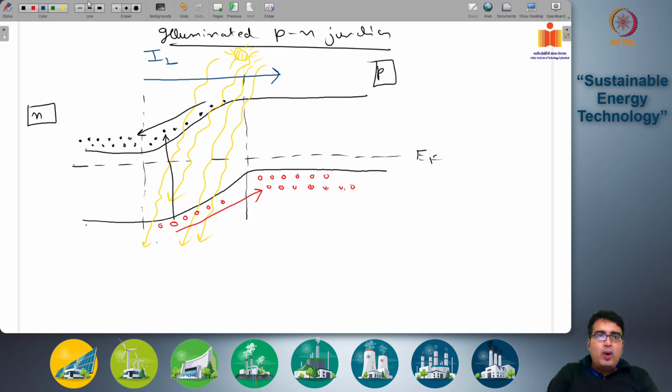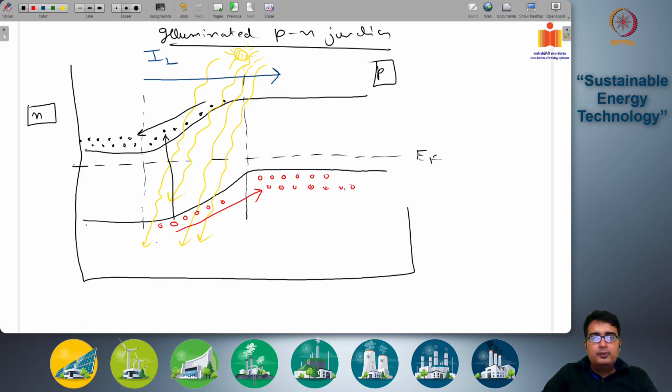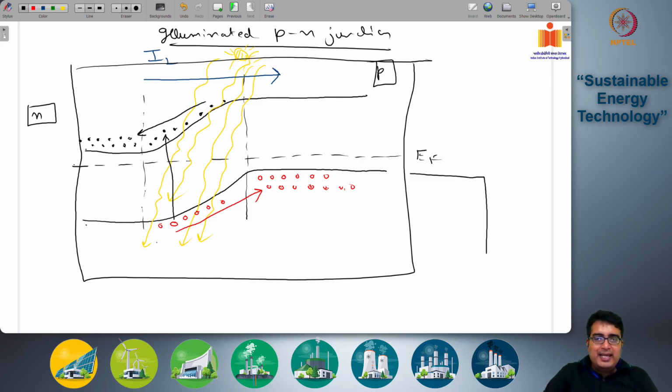Okay. So now once this happens, you will get a flux of electrons flowing this way and a flux of holes flowing this way, and you will get an overall electrical current flowing from the N side to the P side. And now suppose this is your material. Okay, this is your total solar cell material. Okay, and you are connecting this material with an external circuit which has a resistor, say a light bulb.